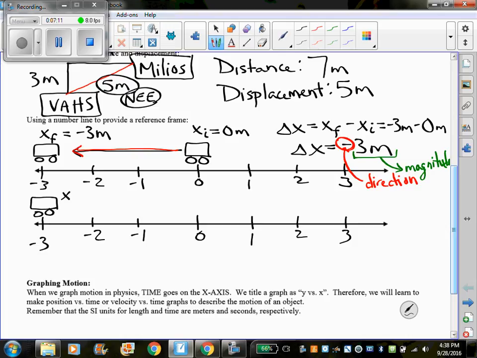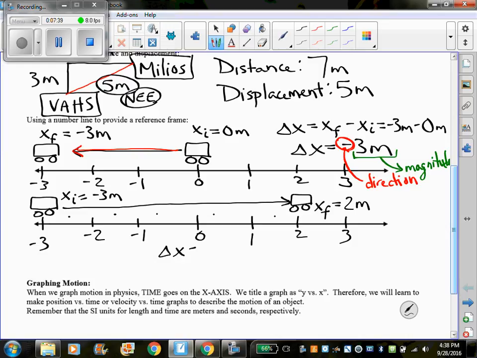So now my initial position is going to be -3 meters. And let's have him drive to the right. Perhaps he'll drive all the way over here to a final position of 2 meters. Now if we look at this, we can clearly see that, hey, he went to the right and he went 1, 2, 3, 4, 5 meters to the right.